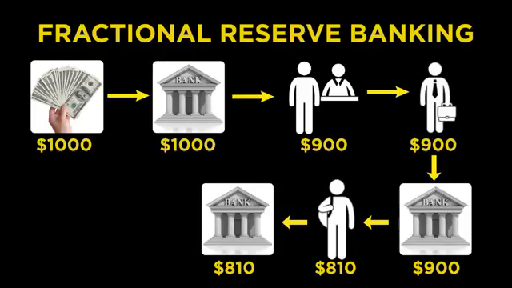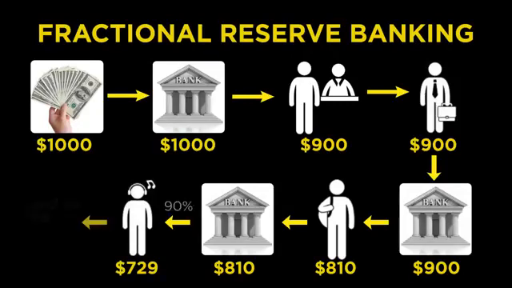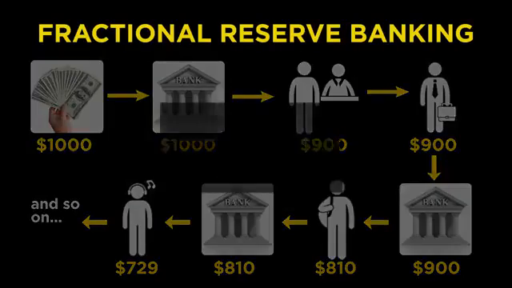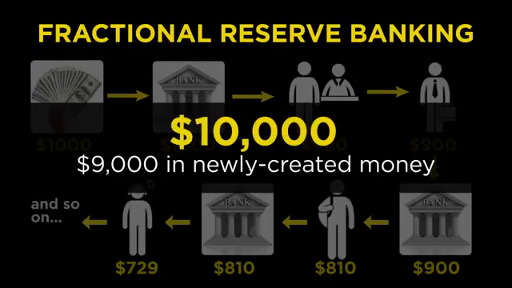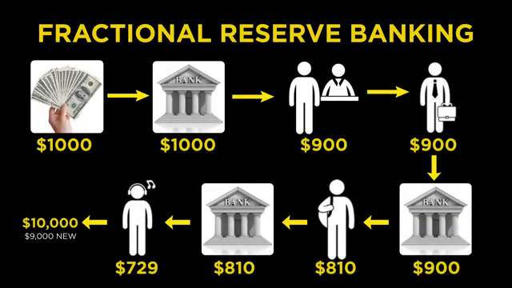So the bank loans out 90% of $810, or $729, and so it goes until we finally discover that the original $1,000 deposit has mushroomed into a total of $10,000. Did you follow that? We went from a stranger ambling into town with $1,000, but now there's $10,000 floating around town. Is this all real money? Oh, you bet it is, especially if it's in your bank account.